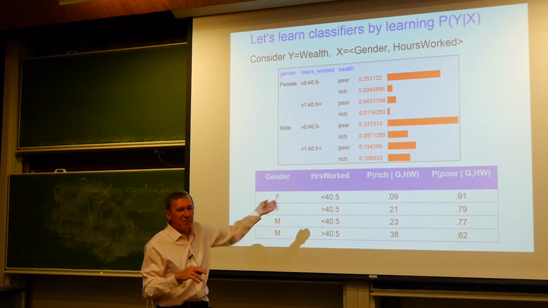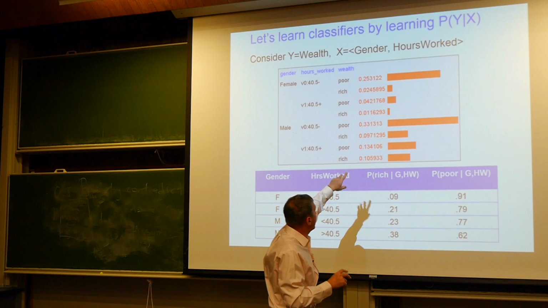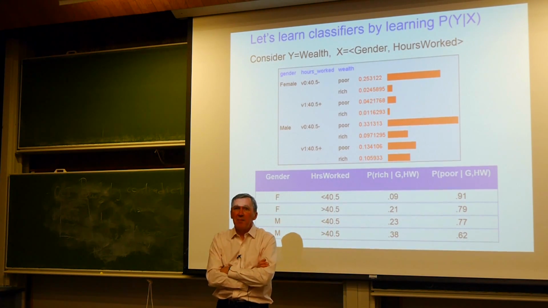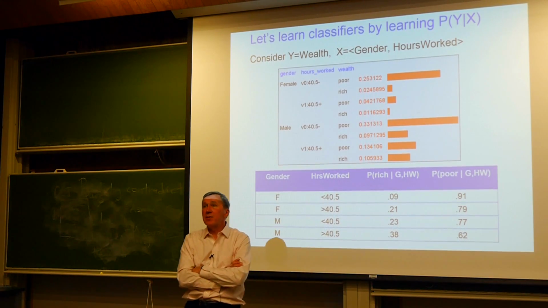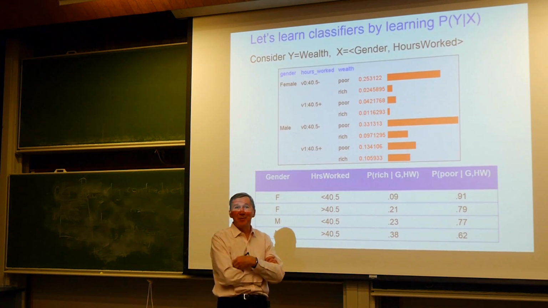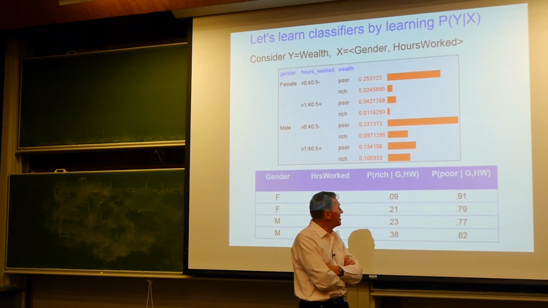Okay, so let's go on to our first one then. Here's some data we looked at before. And we used this data before to talk about how we could estimate the parameters of the joint distribution over a set of variables.